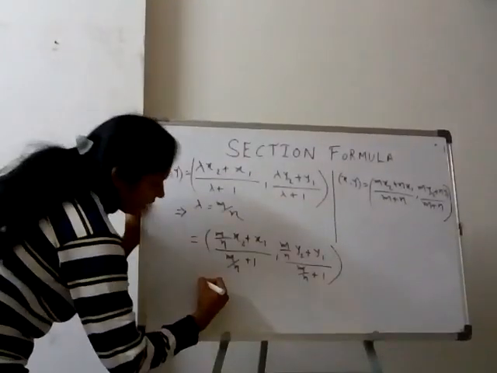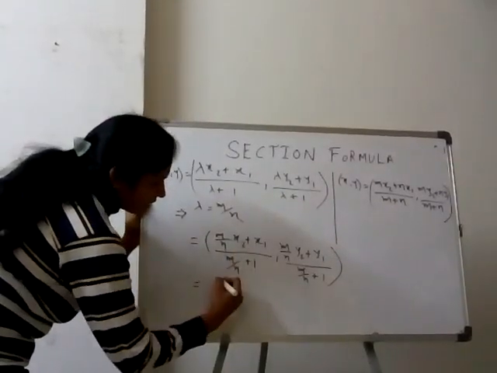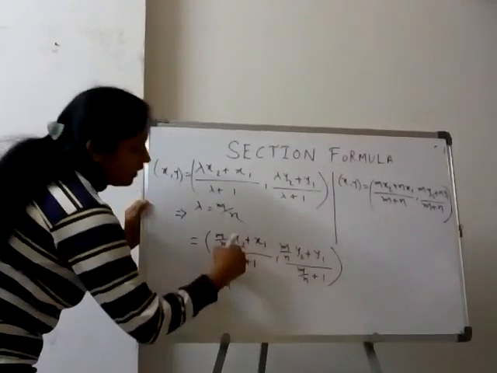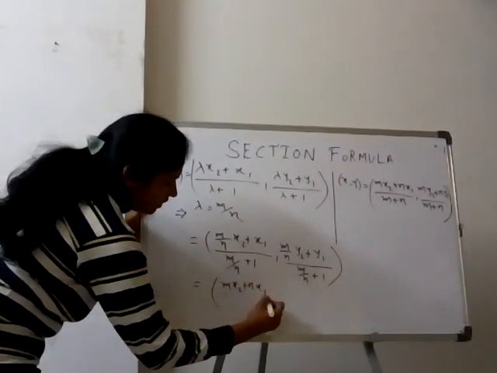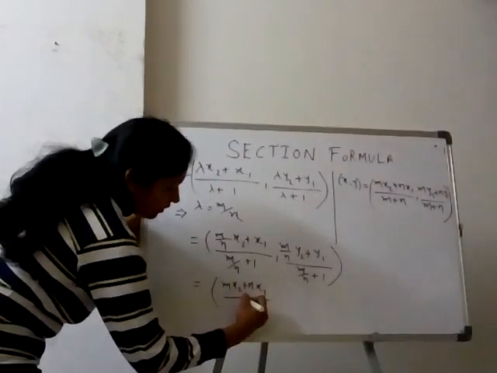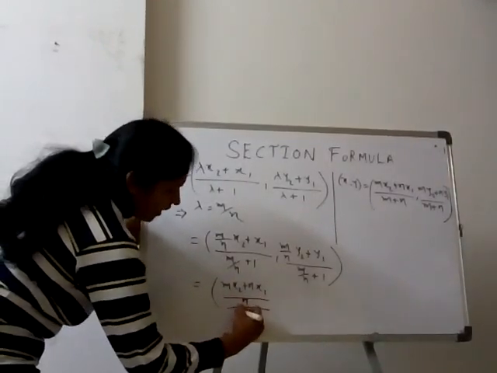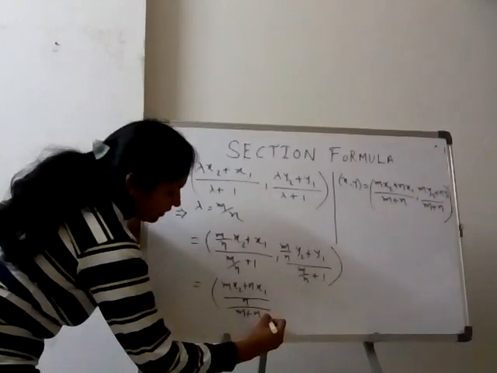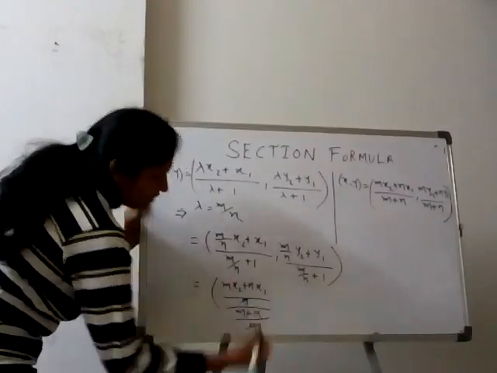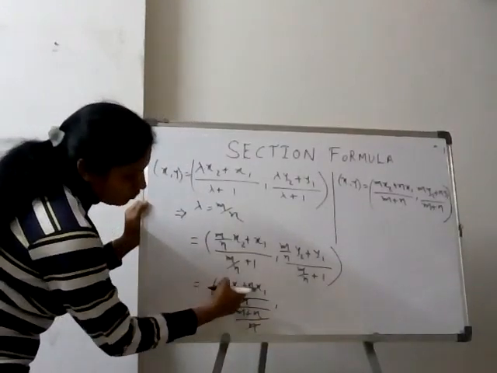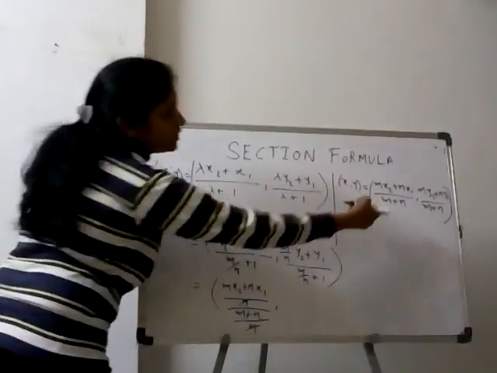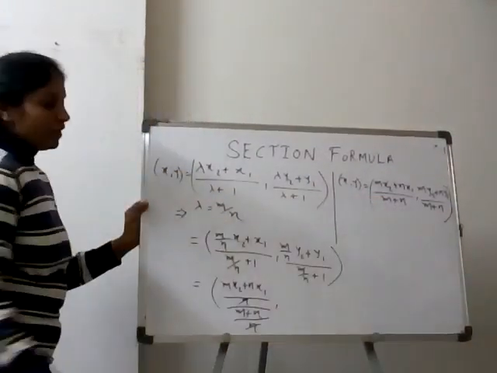Fine. Now if you take the LCM, then what will happen? n is the LCM, so mx2 plus nx1 upon n divided by m plus n divided by n. So n will get cancelled out. So you can find that mx2 plus nx1 upon m plus n, that is your formula.